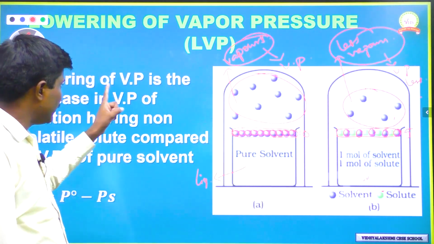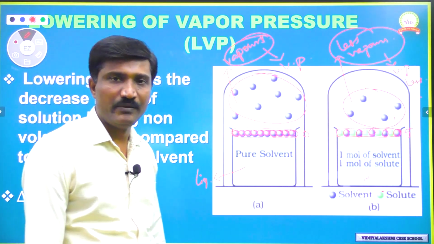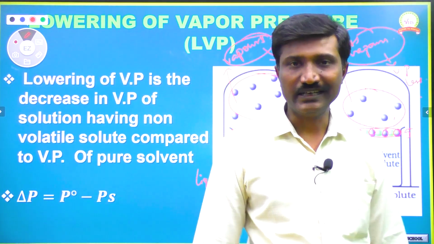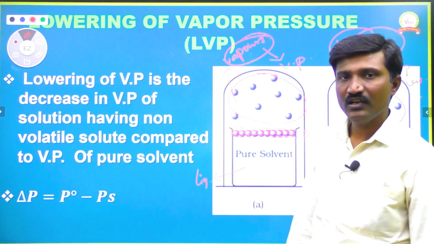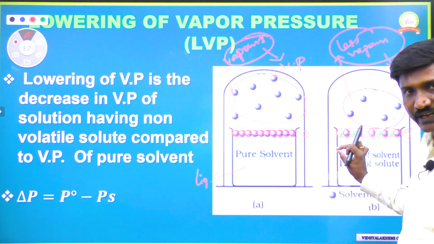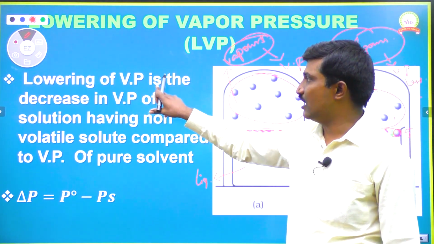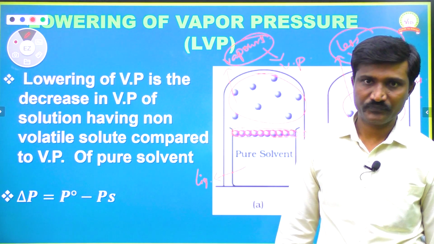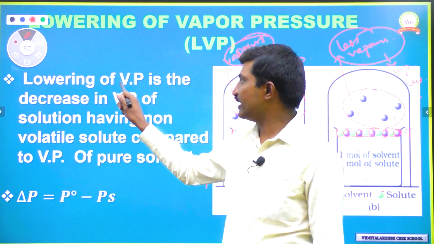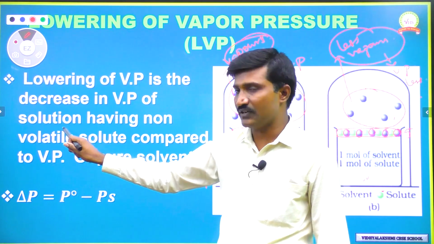That decrease in vapor pressure is called lowering of vapor pressure. The decrease in vapor pressure of a liquid solvent when a non-volatile solute is added to it is called lowering of vapor pressure.